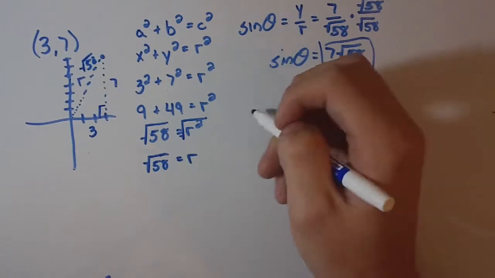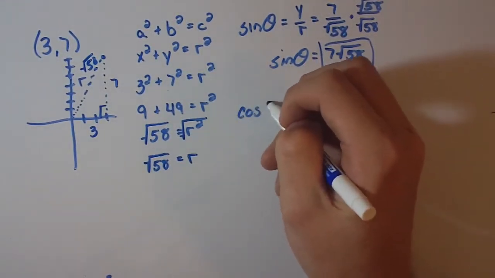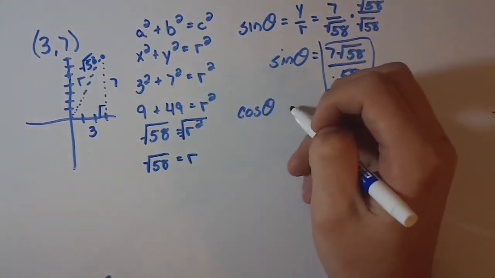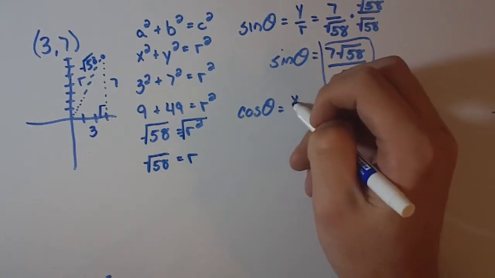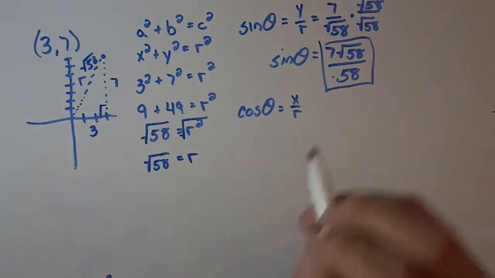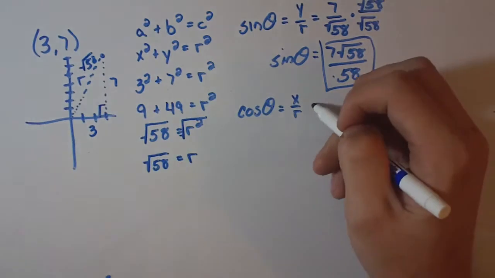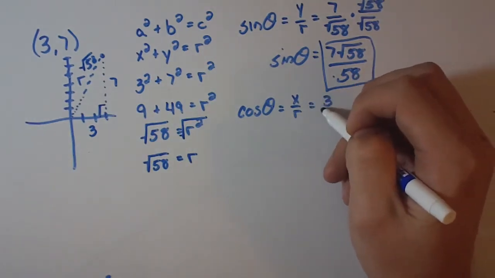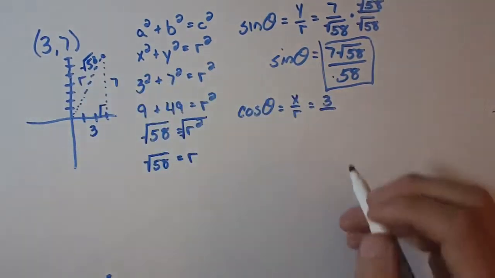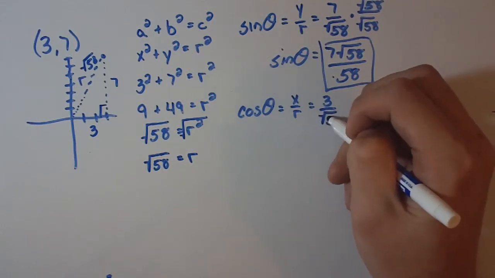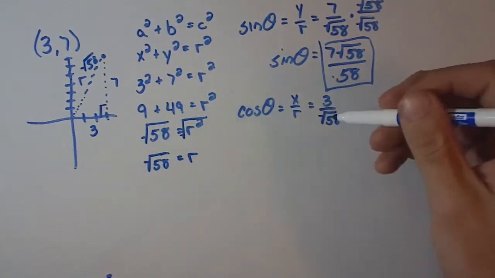Our next trig function is cosine of theta, and that is x over r. Our x value over here was 3, so 3 over our r value, square root of 58. Same thing as up here.